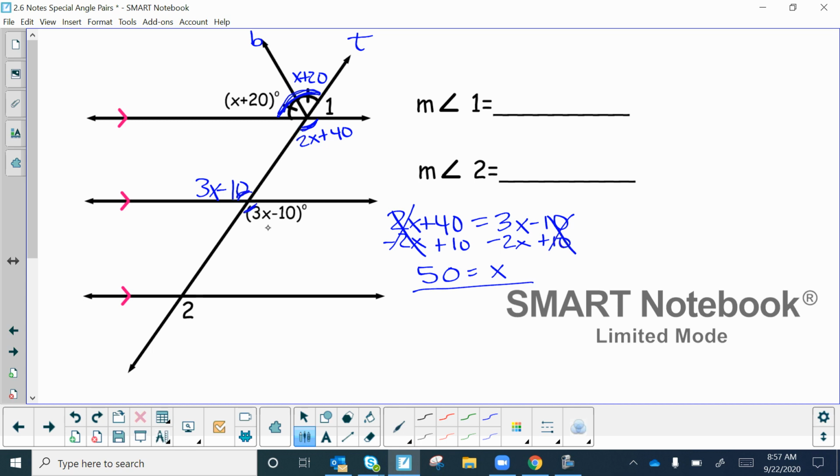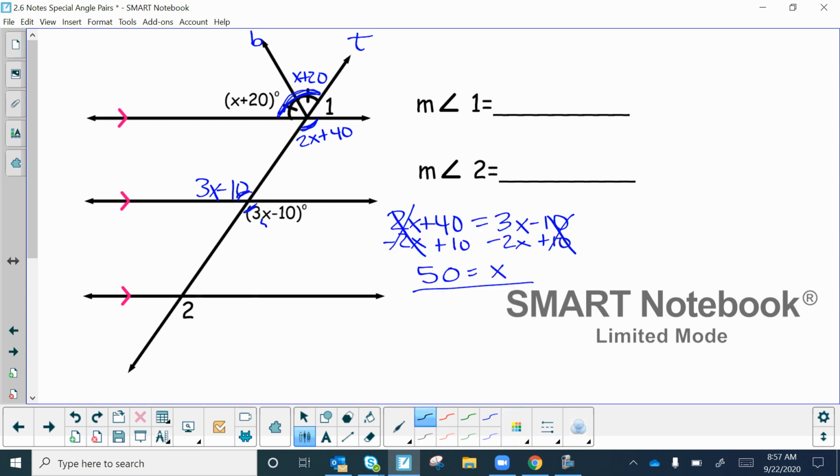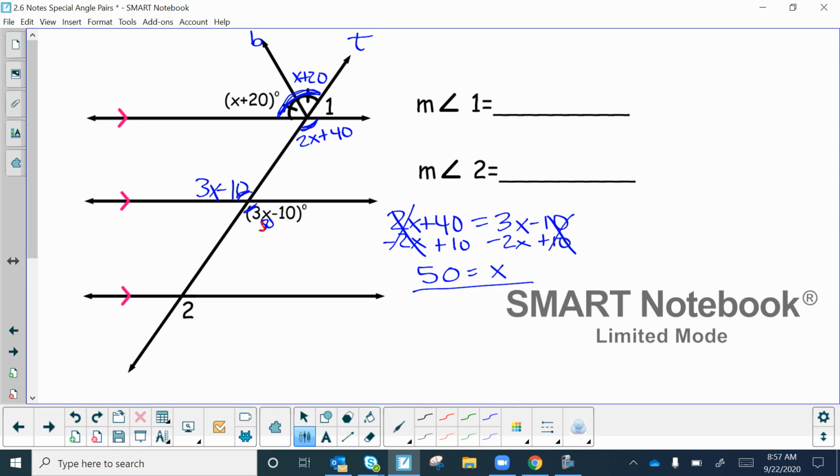So I'm going to just plug in 50 to the 3x minus 10. I plug in 50 right there. Then 3 times 50 is 150. 150 minus 10 is 140. Okay, so again, all I did was plug in 50 into x in that algebraic expression. And so that's how I get 140.